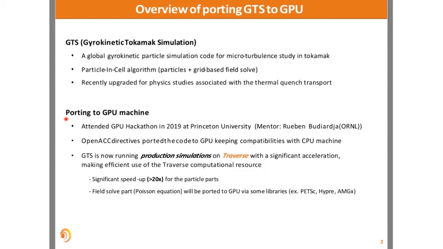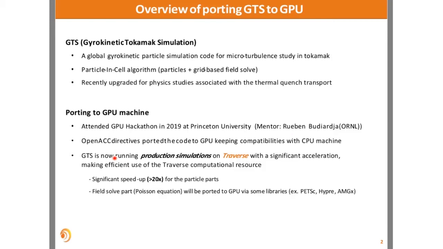Before, we had no experience with GPU machines because we had none. But we attended the GPU hackathon last year at Princeton University, and we learned the basic functionalities of OpenACC with great help from our mentor Ruben. As you all know, OpenACC is very easy to learn and very easy to apply to our code.